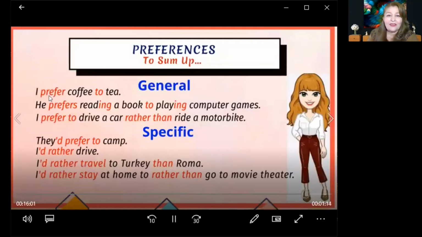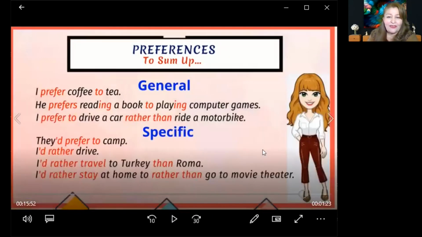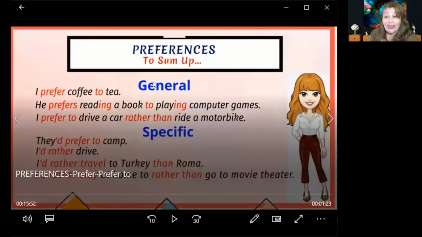In general, let me explain to you. When we use our general preferences, we can use these three structures. I prefer coffee to tea. Here we have two nouns and to compare the nouns here. Okay.